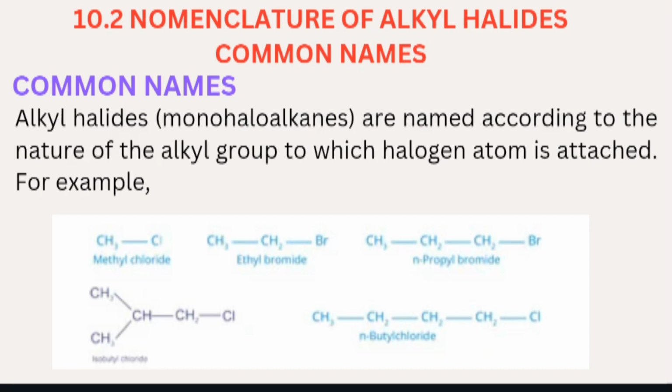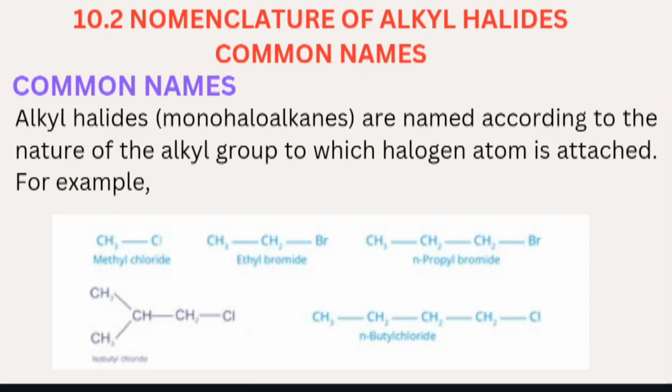For example, if a chlorine group is attached, then it is called methyl chloride. And if it is attached with a bromo group, then it is called methyl bromide. Likewise, if the alkyl group is an ethyl group, then it is called ethyl chloride, or ethyl bromide if a bromo group is attached.